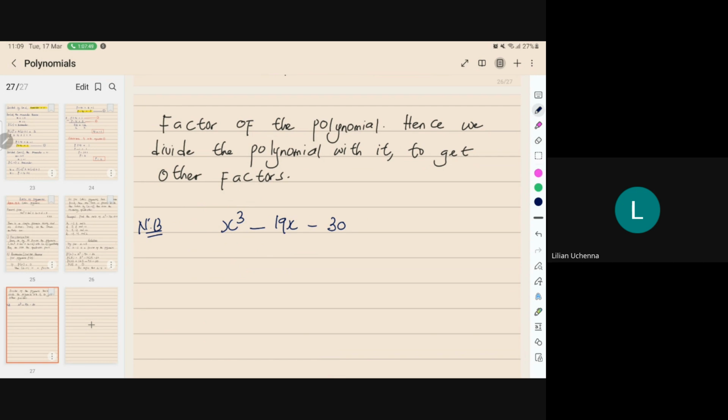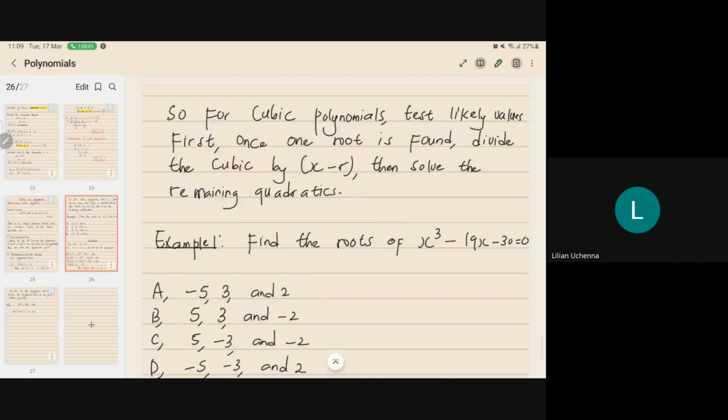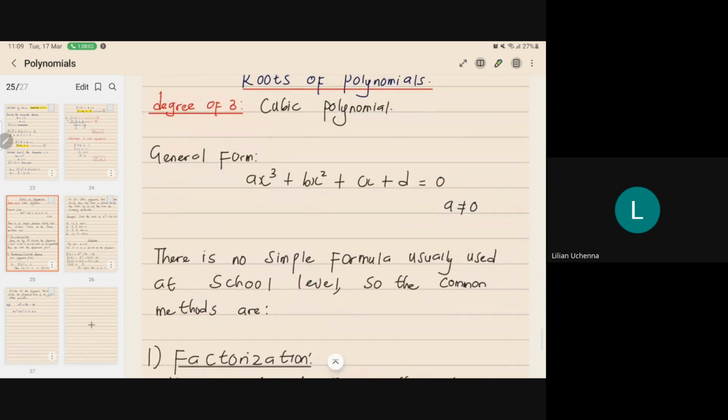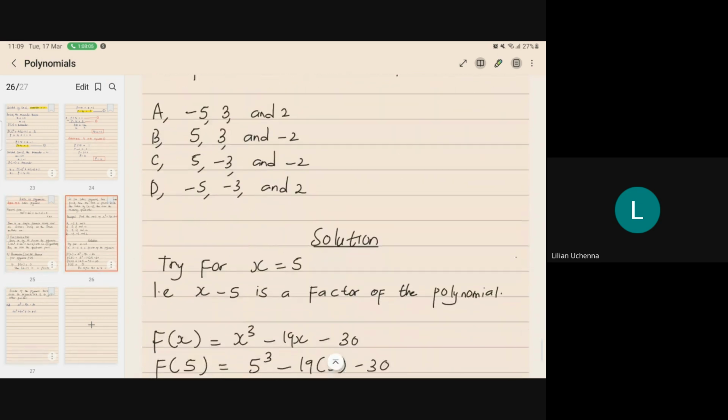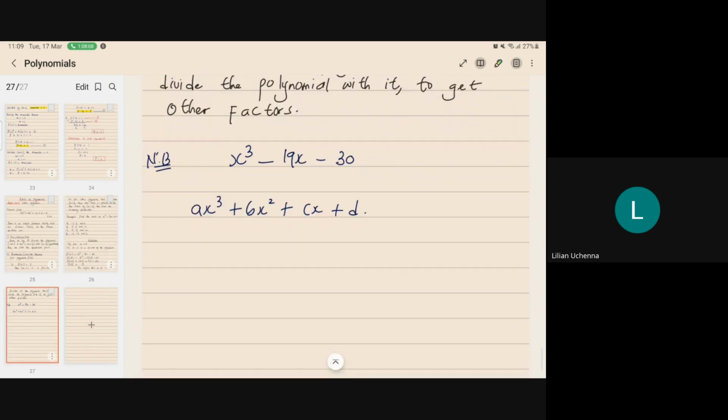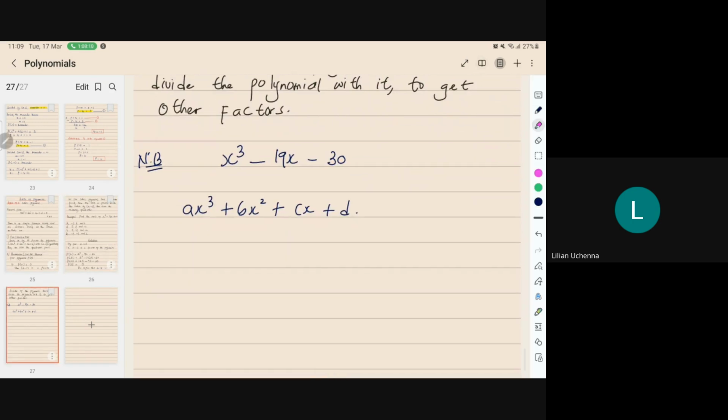But something is missing. A normal polynomial should go like this: ax cubed plus bx squared plus cx plus d. Can you tell me what is missing in our polynomial? You can see that x squared is missing. Please take note of that when dividing polynomials.